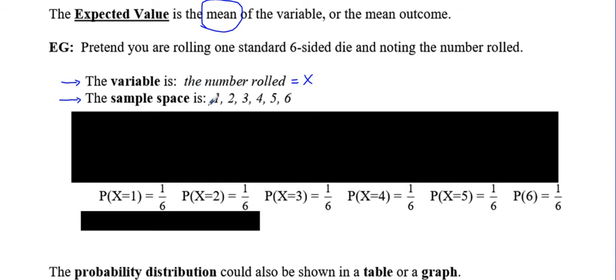So this would be little x outcome 1, 2, 3, 4, 5, 6. The big X is, in words, the variable being measured. The little x represents each of the possible outcomes. Those are the two things you need to know.